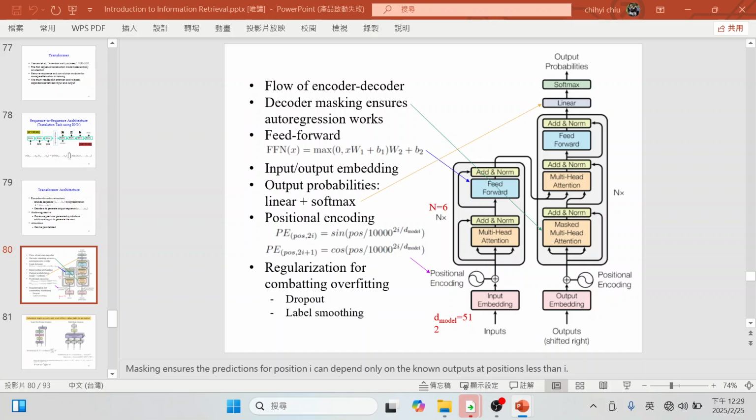We call it self-attention in the encoder, because we attend to ourselves: the tokens serve as the query and also as the key. So I compute their similarity, and you can imagine a matrix here.